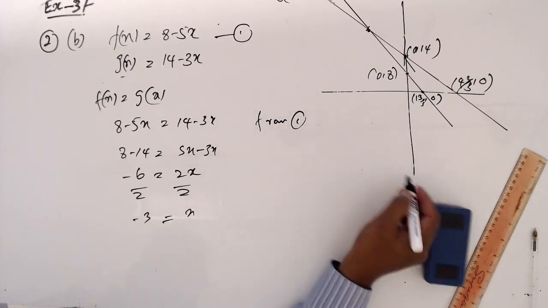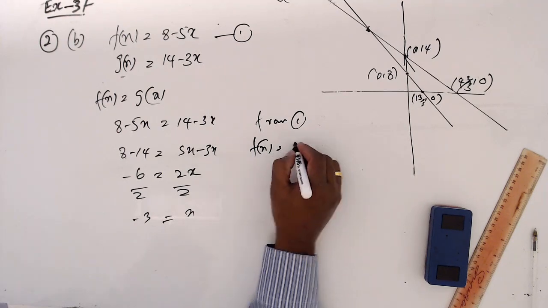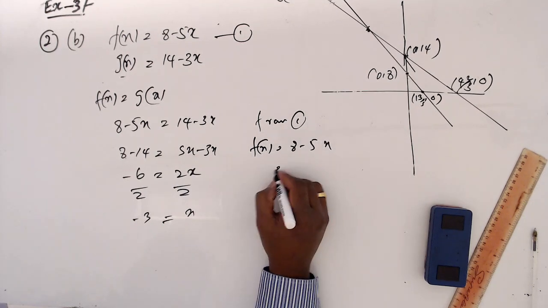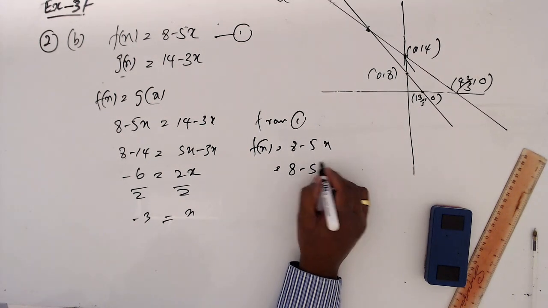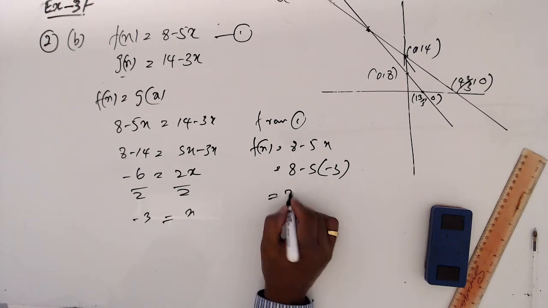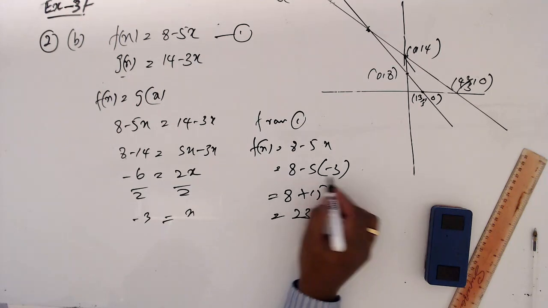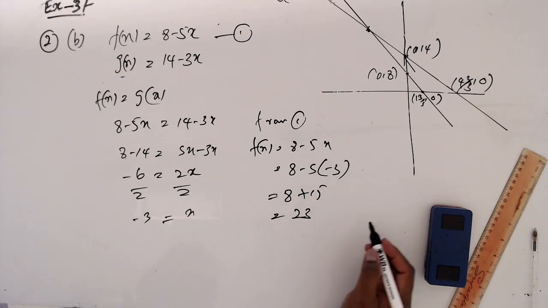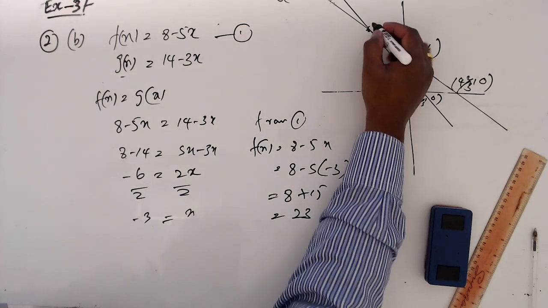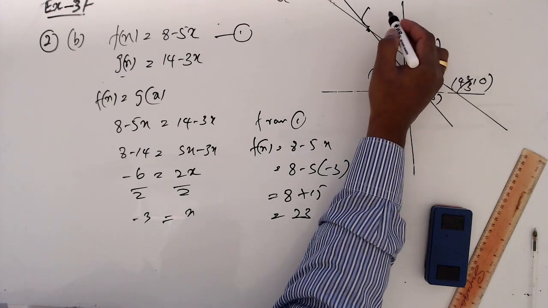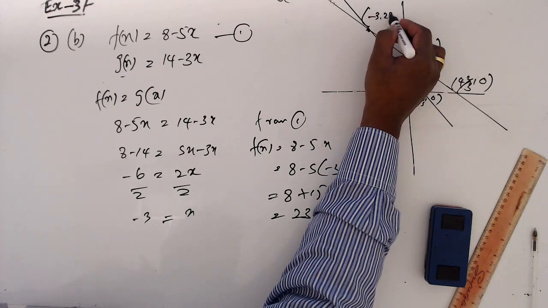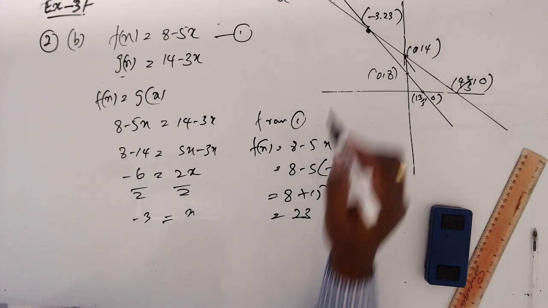From f(x) equals 8 minus 5x, 8 minus 5 times minus 3, 8 plus 15, that is 23. So this is minus 3, 23, this point.